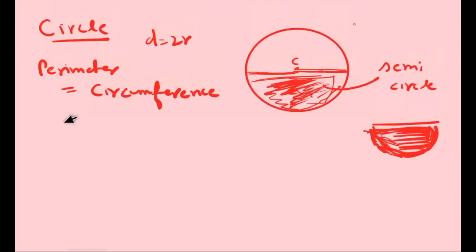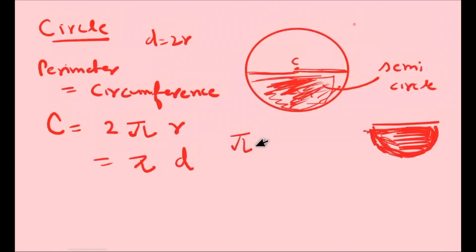The formula we will use: perimeter or circumference equals 2 into pi into r. 2r is the diameter, so we can also write pi into diameter, right? The value of pi is 22/7, or in decimal you can take 3.14 approximately. If you divide 22/7 you will find the value 3.14 and so on in decimal.